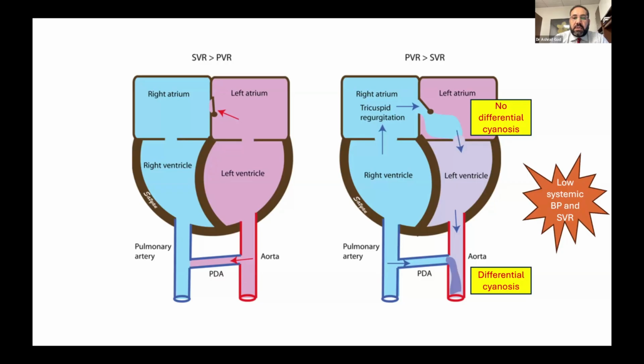But if it happens at the level of the PDA, those babies can manifest with differential cyanosis. Unfortunately, not all cases present per the textbook, and most of the cases present with mixed shunting and right to left shunting through the PDA and PFO.